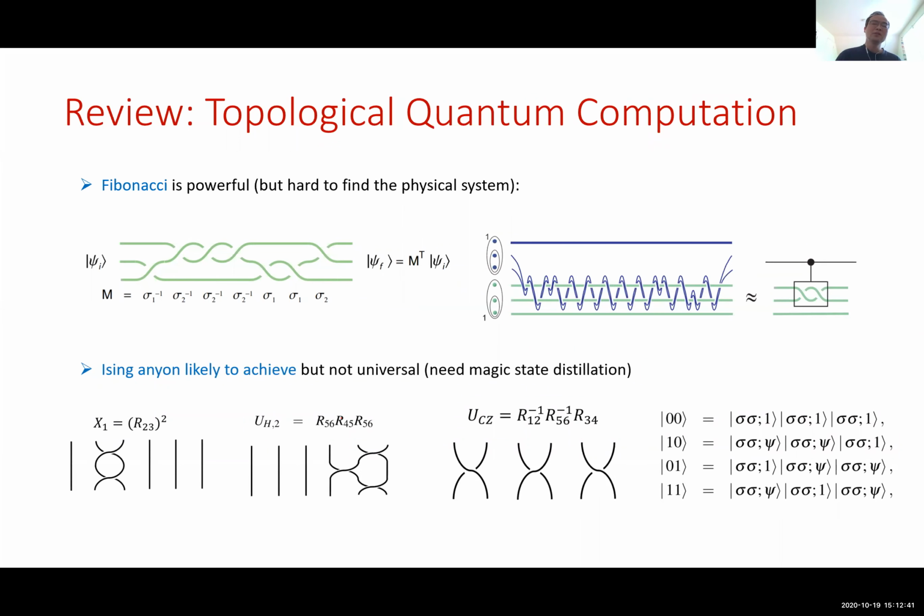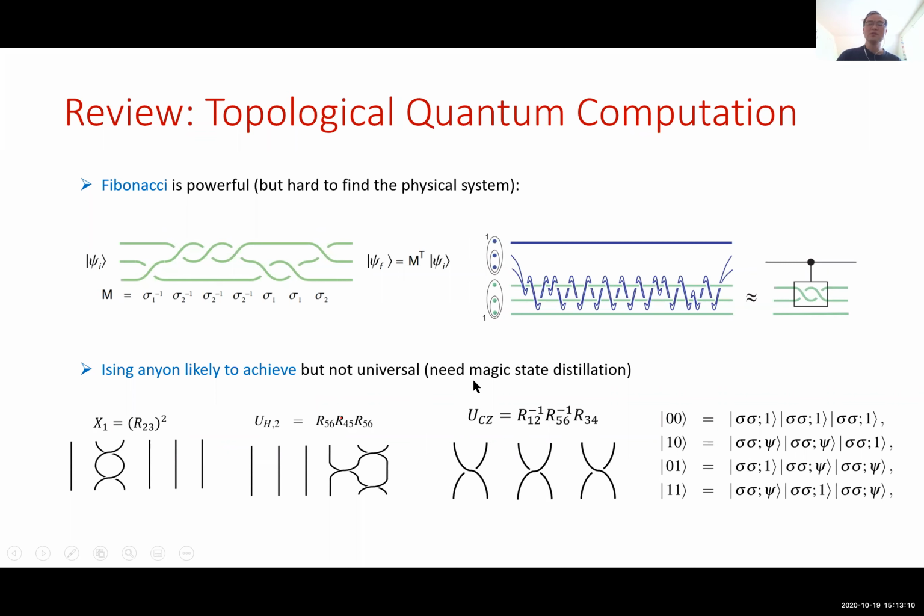Ising anyon is not universal, but their gate properties are easy to see. For example, with the particular way we encode it, you braid the second and third particle twice, you get X gate, and you braid pairs of these, three pairs of these, you get a control Z gate.